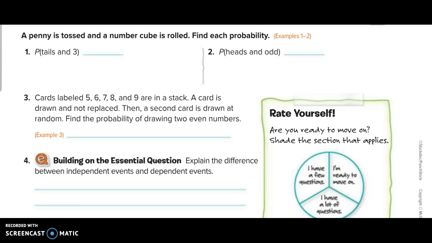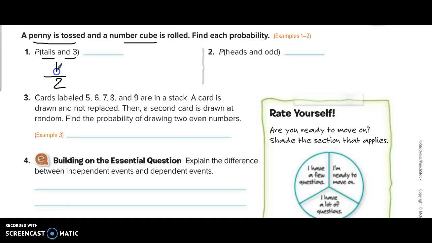So on number 1, it says a penny is tossed and a number cube is rolled. Find the probability of each. So we need to figure out the probability of landing on tails and rolling a 3. So when you have a penny, you have 2 total options, heads or tails.